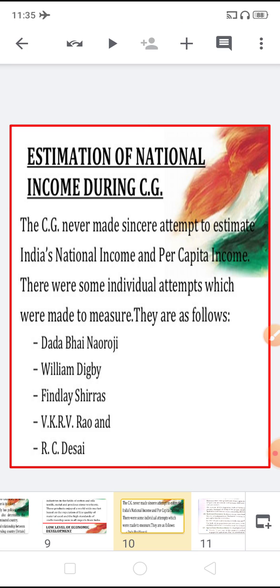The first attempts were made by experts like Dadabhai Naoroji, William Digby, Findlay Shirras, V.K.R.V. Rao, and R.C. Desai. But all these estimates produced conflicting and inconsistent results. However, the estimates of Dr. Rao on national as well as per capita income were considered very significant.